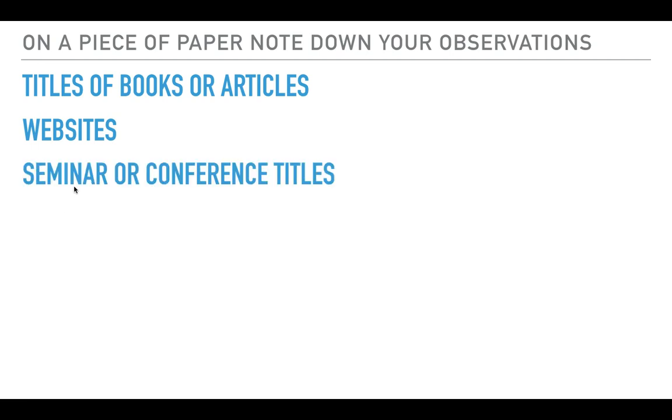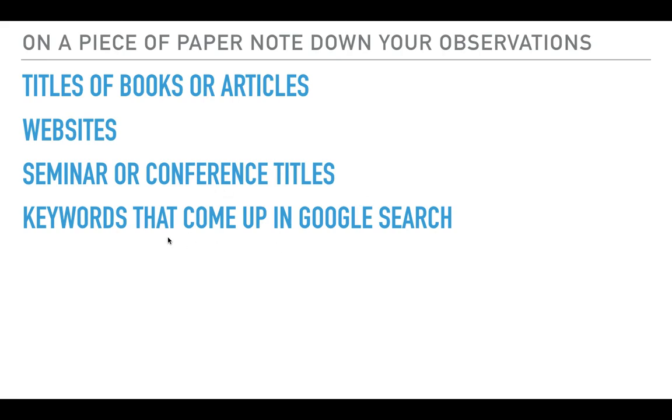When you look at the titles and content or schedule of seminars or conferences, you will get ideas. Sometimes when you Google search, there will be other keywords that you're not aware of that other people have searched that will come up. In the search box, keywords will come up. Even those keywords will give you ideas. Note down all these ideas.